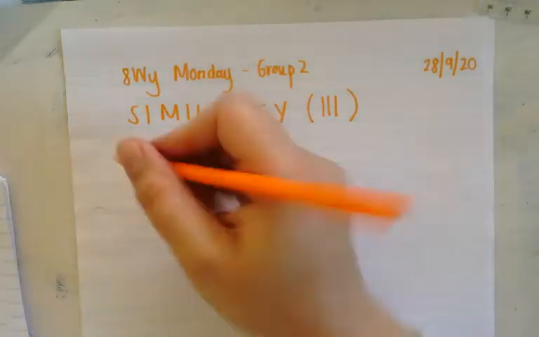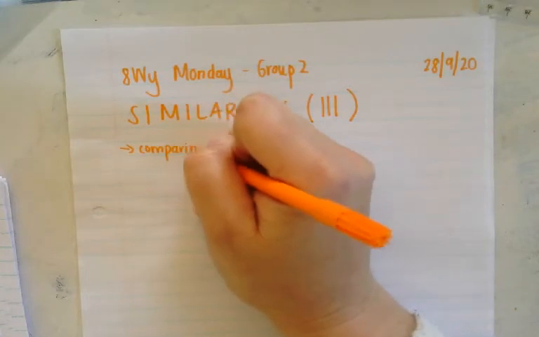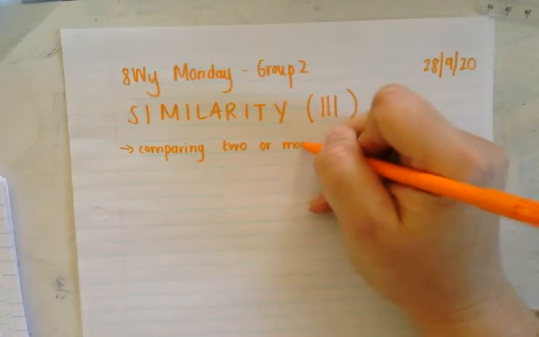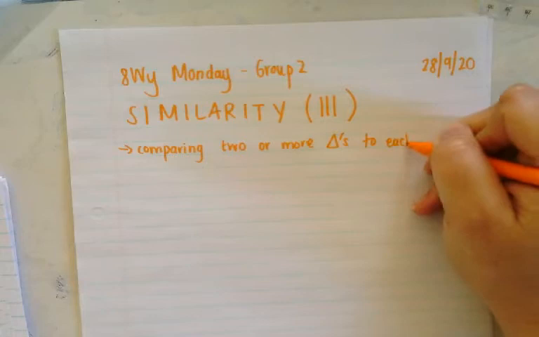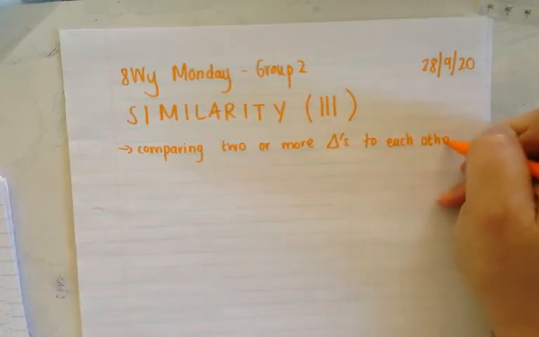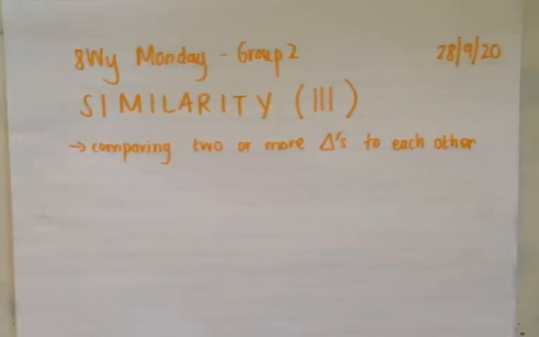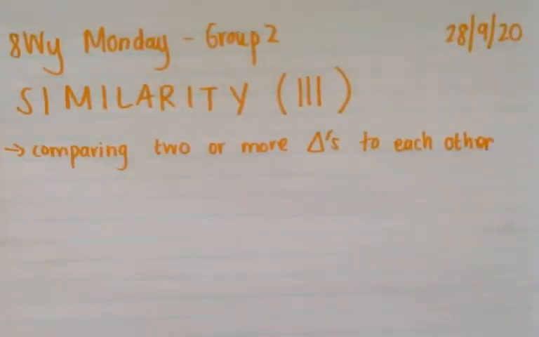What do we do in similarity? We are comparing two or more triangles to each other. So for a triangle to be similar, it must look the same.